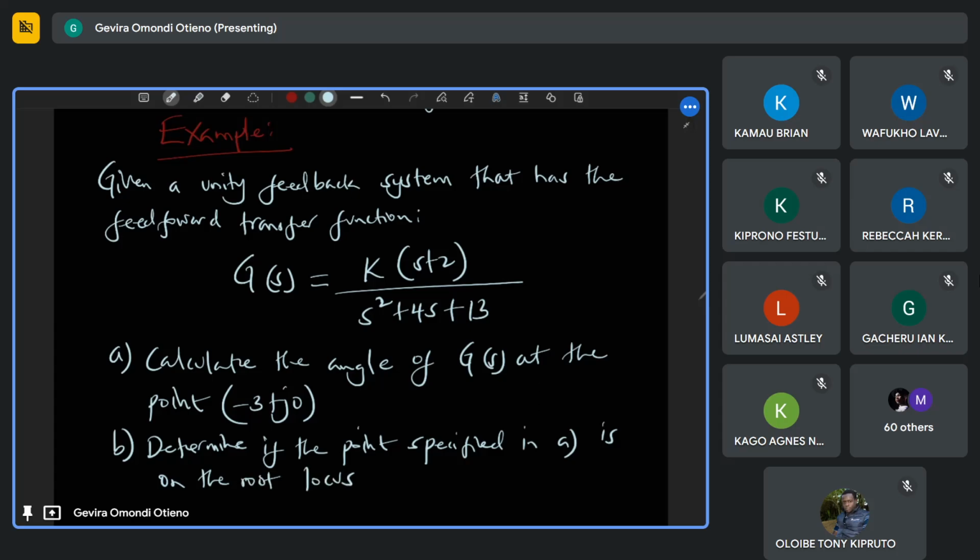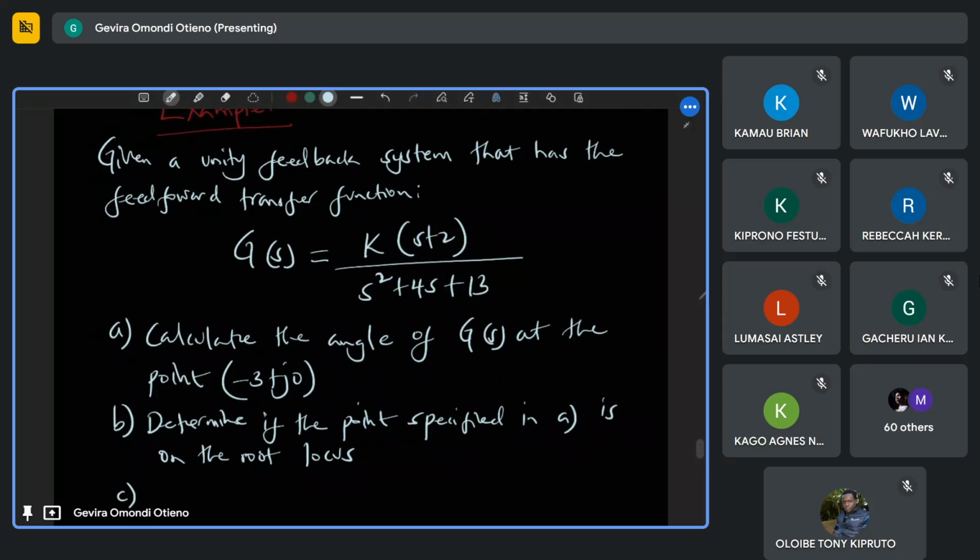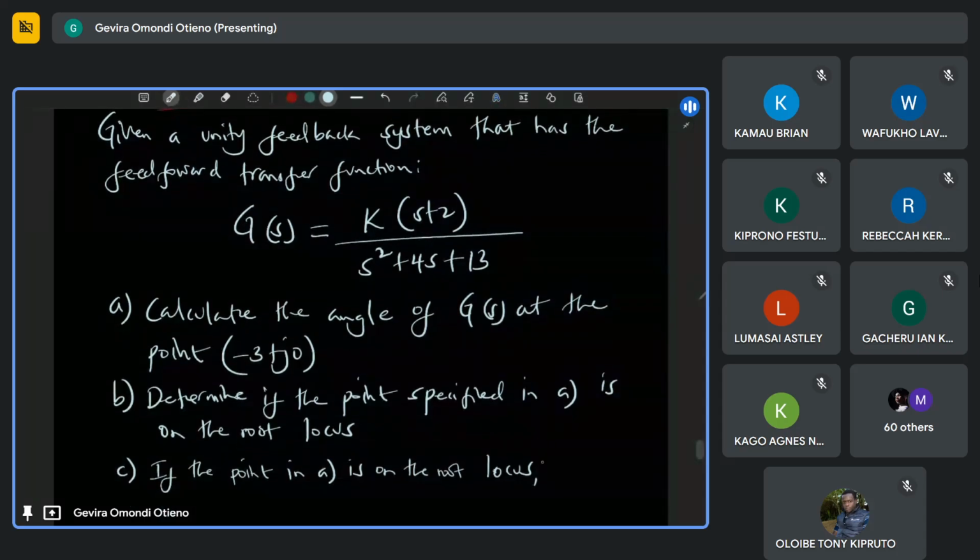And lastly, if the point in A is on the root locus, find the gain K.